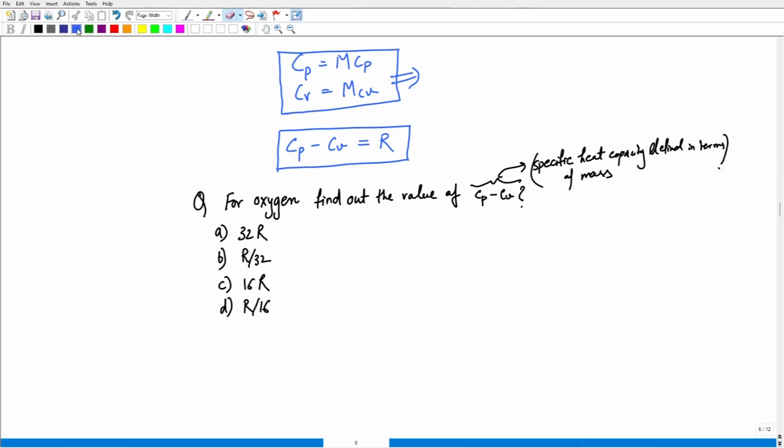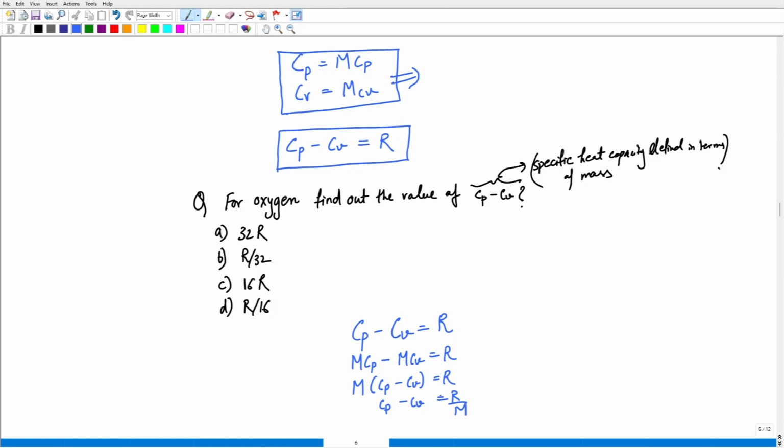We know in terms of capital Cv what the relation is, and we can use that relation to find the relation between the small Cv and capital Cv. So capital Cp minus capital Cv is R. Now we can change it. So m into small Cp minus m into small Cv is R, and Cp minus Cv is nothing but R by m.